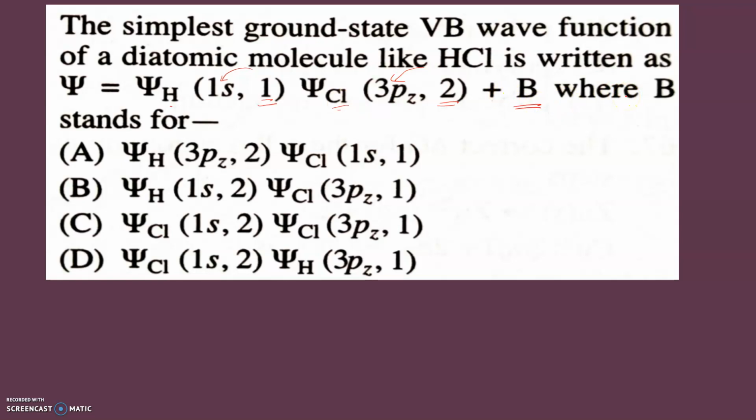According to the valence bond wave function, electrons are indistinguishable. Therefore, if electron 1 is present with the hydrogen atom and electron 2 with the chlorine atom, then we have an equally probable other part of the wave function, that is 2 with the hydrogen atom, 1 with the chlorine atom. So that is actually B.